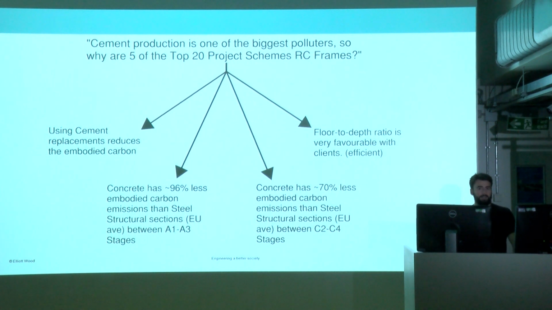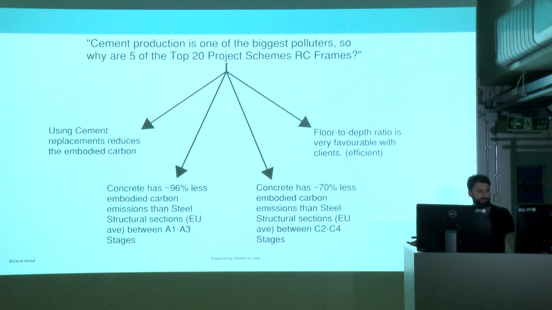But interestingly, on our leaderboard, 5 of the top 20 are fully RC frames. And the reason for that is cement replacements are used, such as GGBS or PFA, which stands for ground granulated blast slag, and pulverized fly ash. And I'll touch on them in a second.